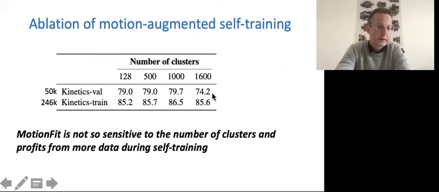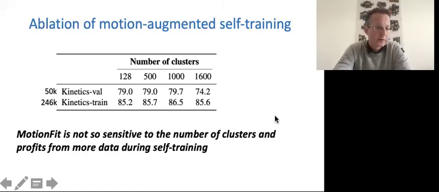As you can see, moving from 128 till 1600 clusters does not change the results too much. In fact, here it even starts to deteriorate, probably because of overfitting effects. But in general, we don't see much benefit beyond 1,000 clusters.